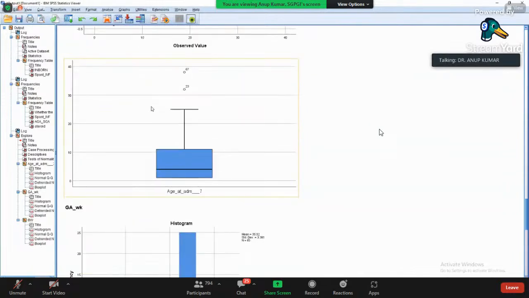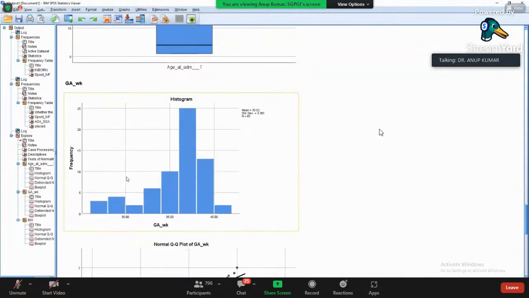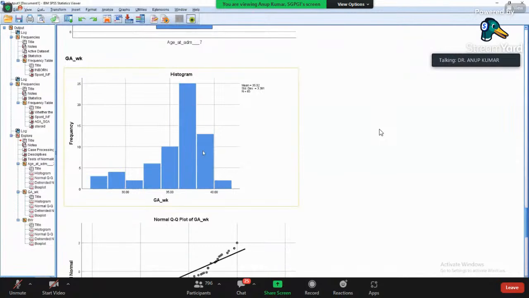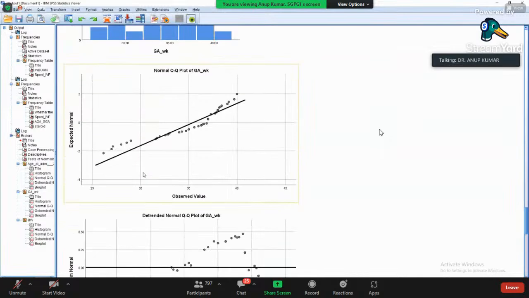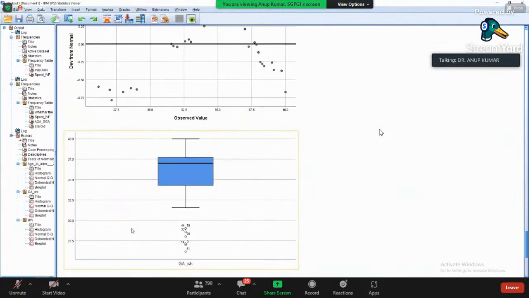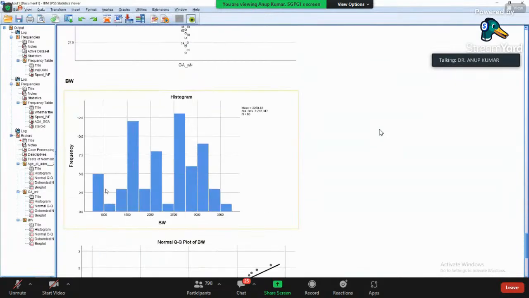If the box plot is not symmetric and the median is not lying in the middle of it, that is also a representation of skewed data. Gestation age at week is also skewed data, not normally distributed. And similarly, birth weight is also a different kind of data, not normally distributed.